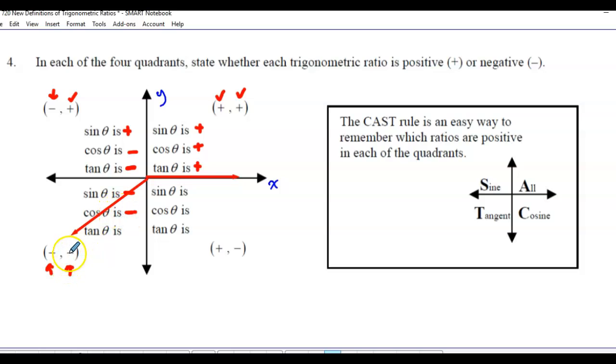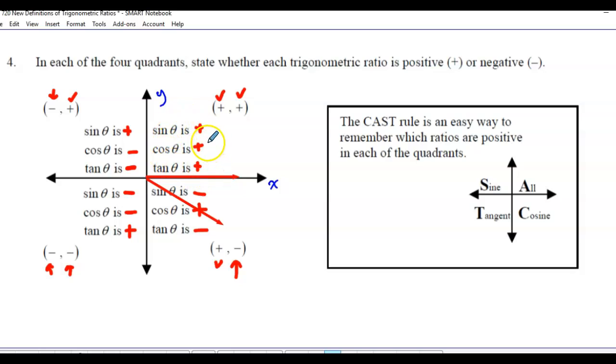And then tan is a negative divided by negative, which is a positive. And then the last quadrant, if we were rotated all the way to here, then looking at the x and y values of a point on that terminal arm, the x is positive, so that means cosine is positive. Your y is negative, so your sine will be negative, and a negative divided by a positive is a negative.